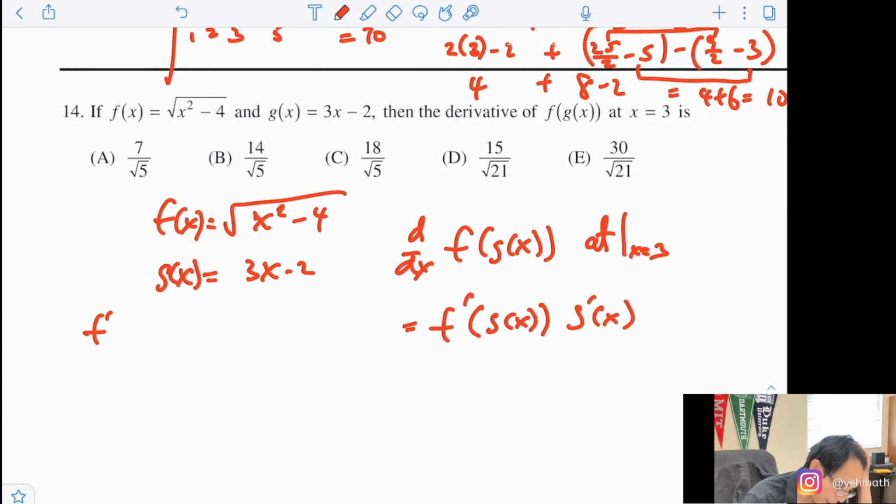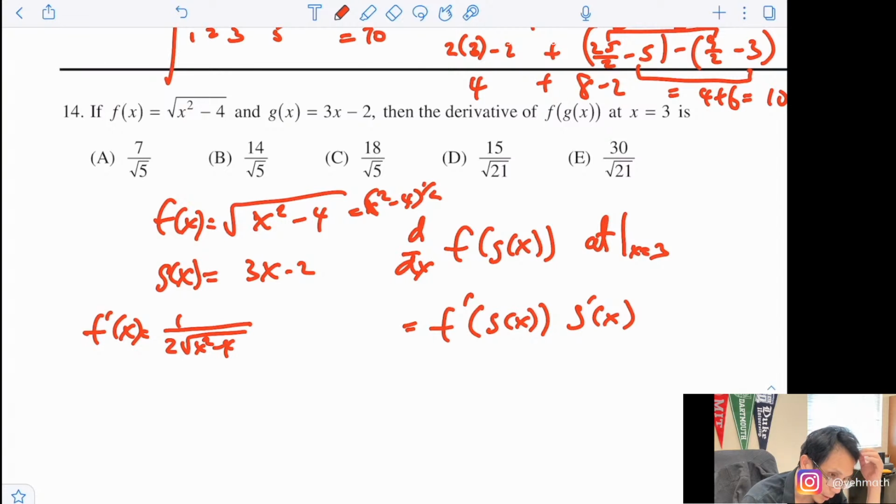It's going to be x squared minus 4 to the 1/2, so it's going to be 1 over 2 times x squared minus 4 to the negative 1/2, times 2x. So it's equal to x over square root of x squared minus 4.